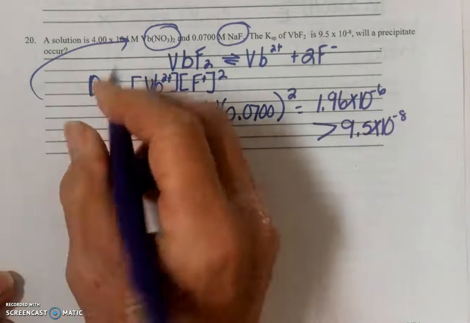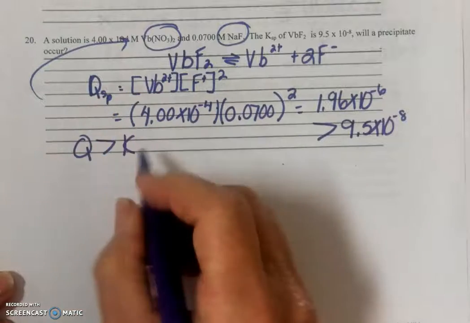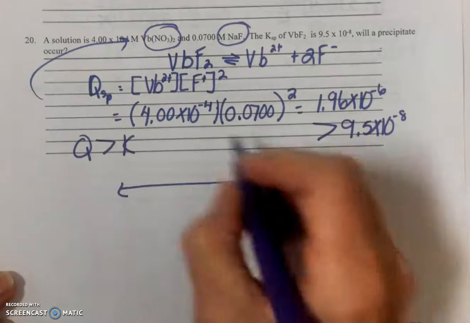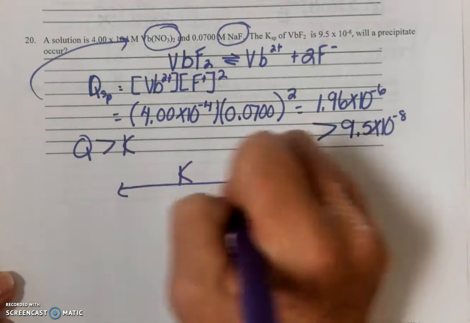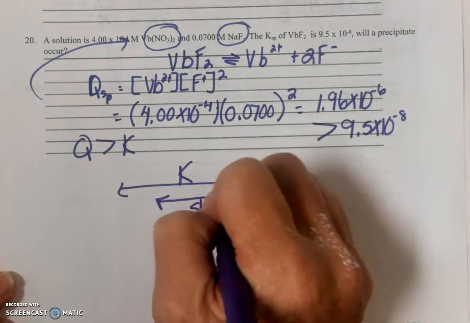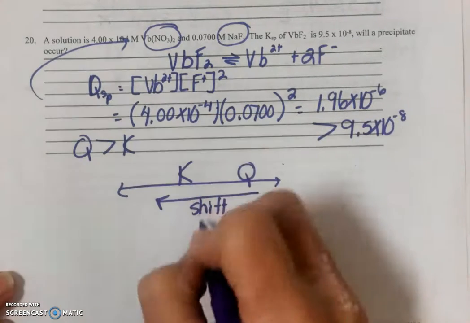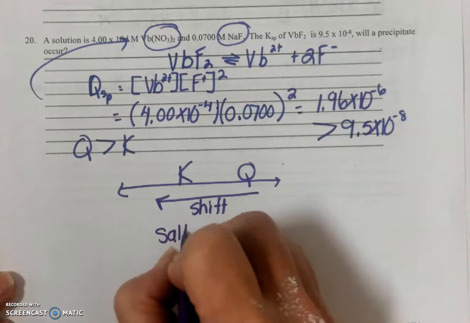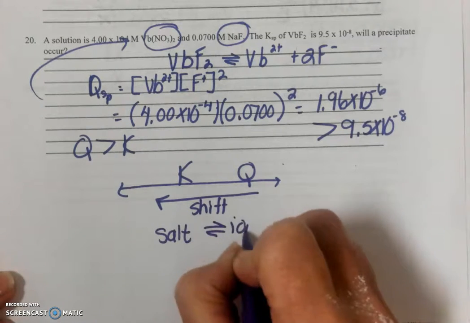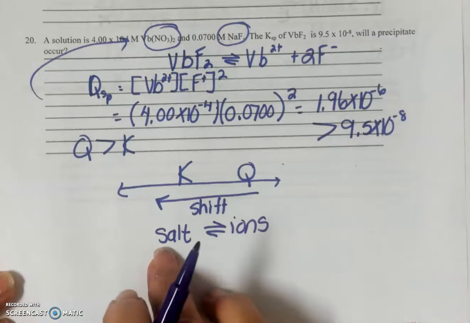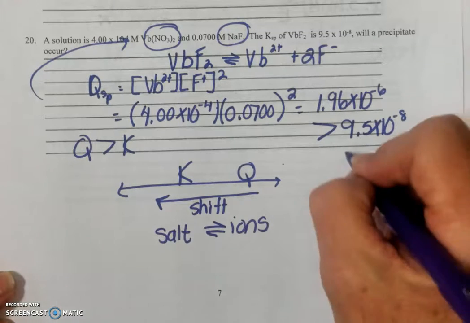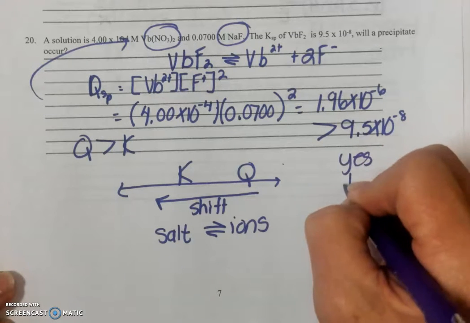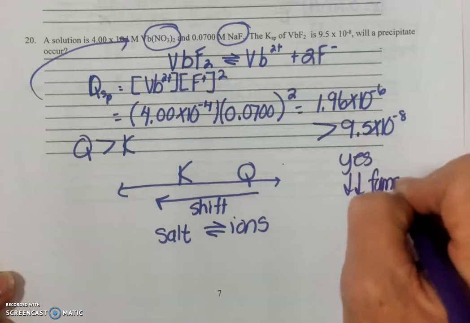So Q is greater than K. We can use our number line if we want. Q is here, K is here. Shift left. When I shift left, remember, salt is on this side, ions are on this side. Shifting this way gives me a precipitate. So yes, a precipitate forms.